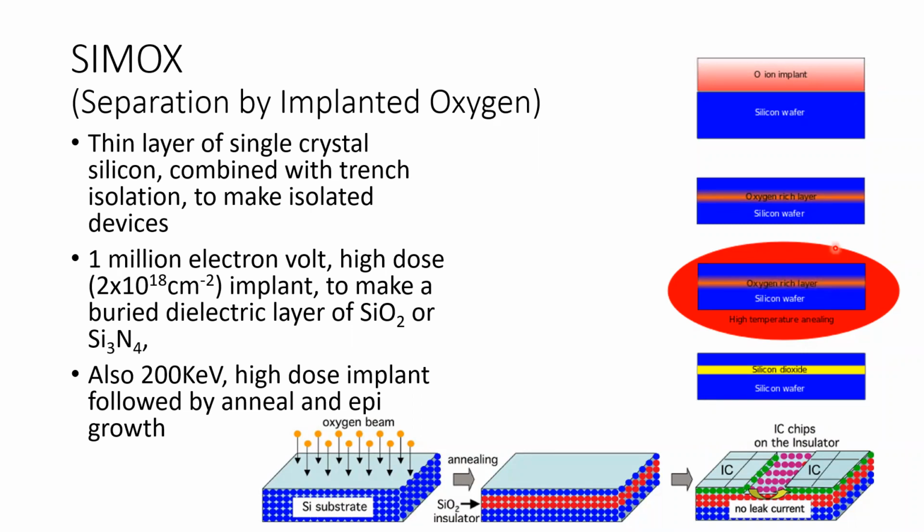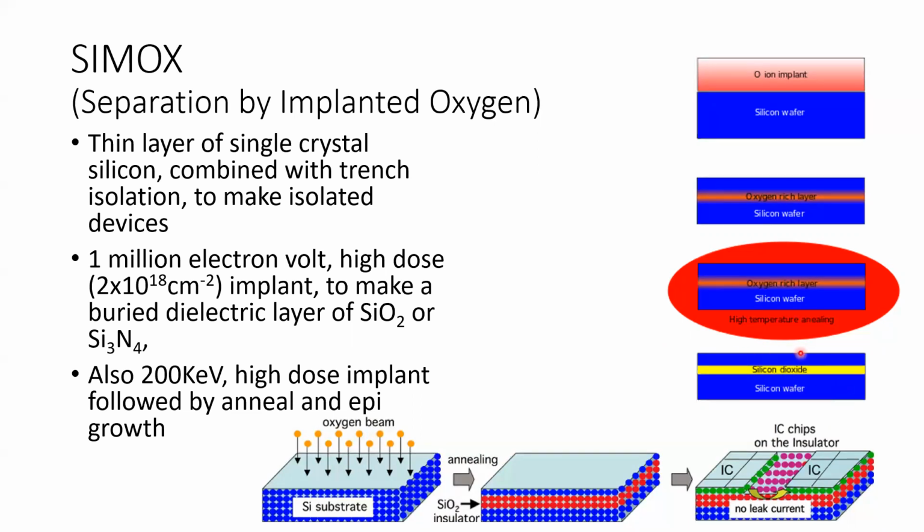Then we apply very high temperature annealing, and silicon dioxide forms, because the implanted oxygen ions react with silicon. So we will have a thin layer of silicon dioxide inside this silicon wafer.